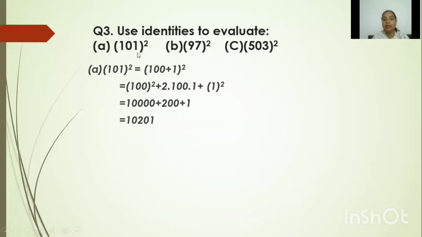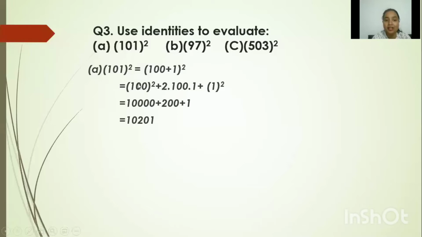See, 101. Easily you can break 101 into 100 plus 1, right? And if you do whole square of it, this is the first term, this is the second term, and this is written in (a plus b) whole square form, right? So open it: first term square, plus 2 times the first term 100 and the second term 1, plus the second term whole square.